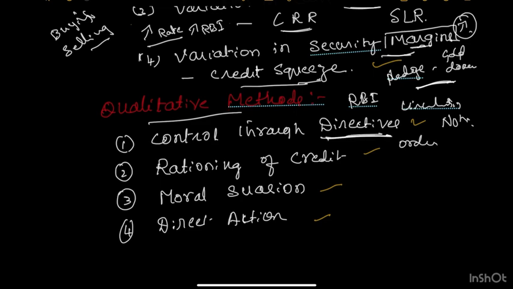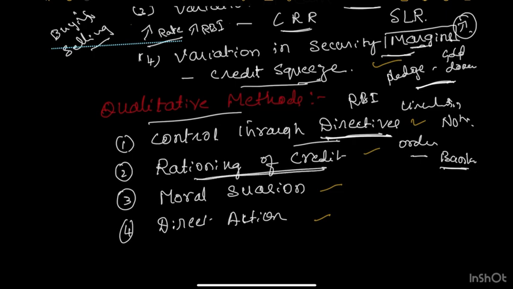Some directions, orders and circulars will be given, and all banks should follow the same. These directions may be to control the credit creation, or it may be to expand the credit creation depending on the economic condition. These directions will be given by the RBI.